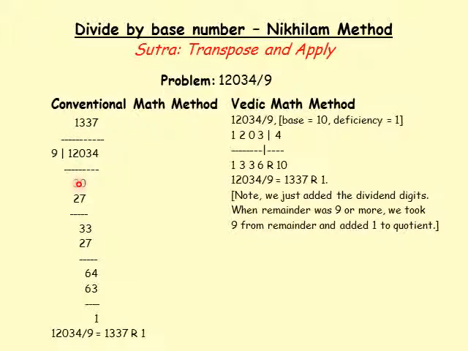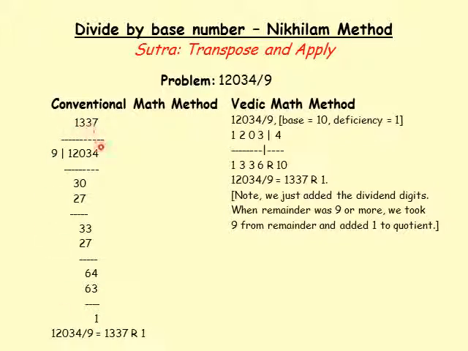is 3. Then bring down the next dividend digit, becoming 30, and then your next quotient is 3, then 27, and 3 is a remainder. Then bring down the next dividend digit, make it 33 for the current dividend, divide that by 9, so you get 3 here, and the 27 again, remainder 6, bring down the next digit, 64, then the quotient is 7, 7 times 9 is 63, remainder is 1.